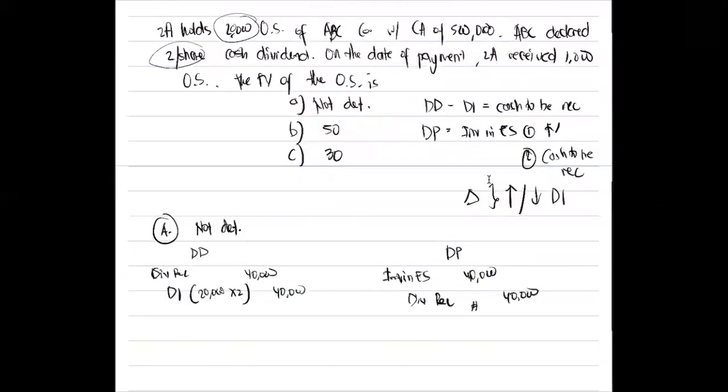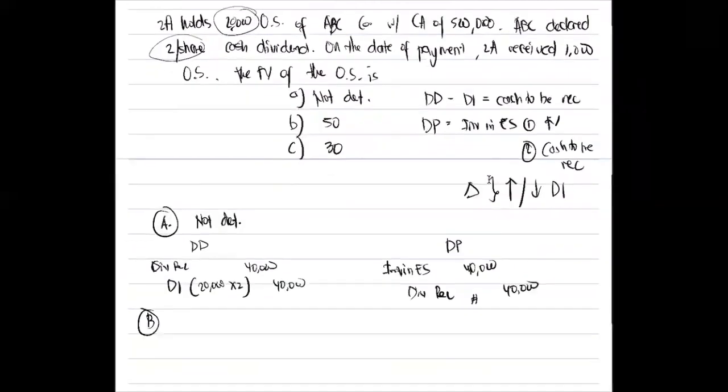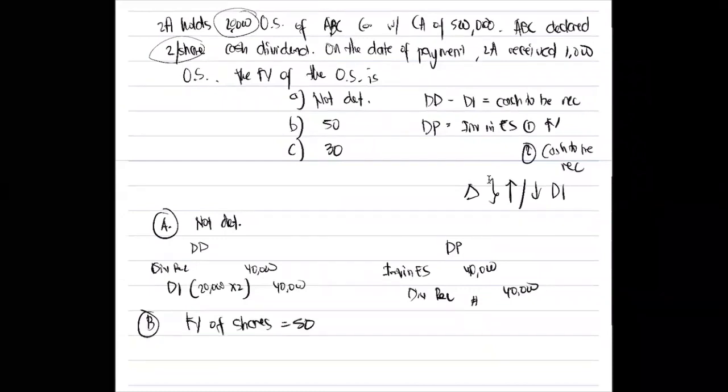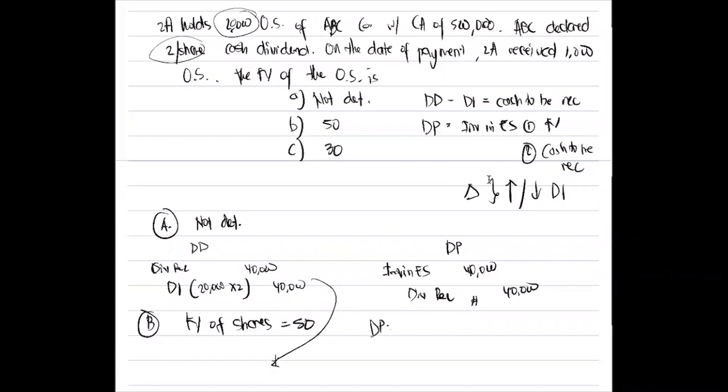That's for letter A. Letter B, what if the fair value of the shares is equal to 50? On the date of declaration, you will have the same entry. On the date of payment, what is your entry? Again, we debit investment in equity securities at fair value or cash to be received. So since the fair value is given, you record it at fair value, 50 pesos per share multiplied by 1,000 shares.